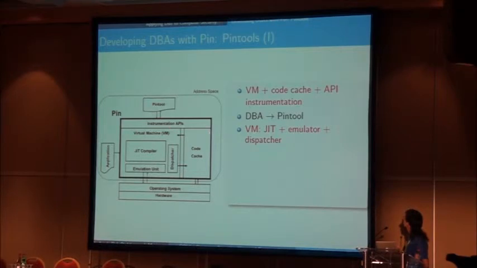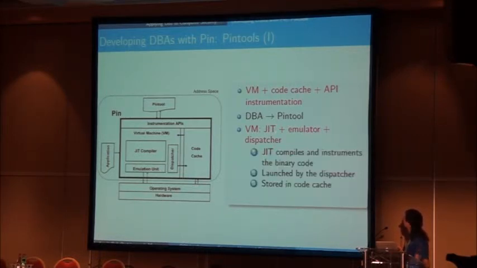First we have the virtual machine, composed of the just-in-time compiler, an emulator, and a dispatcher. The first thing the just-in-time compiler does is take your binary, compile it, and add the instrumentation that you have defined. Then these instructions are sent to the dispatcher and stored in the code cache.